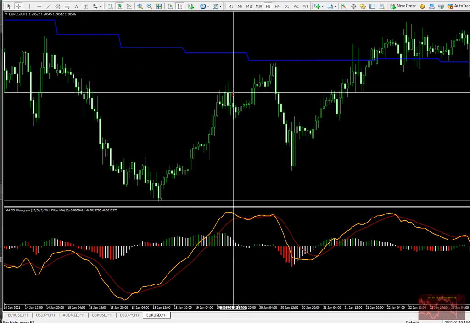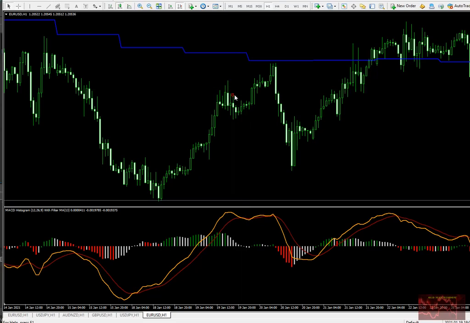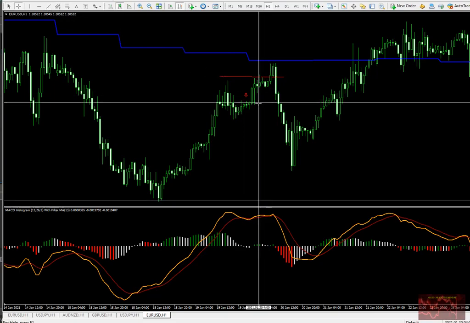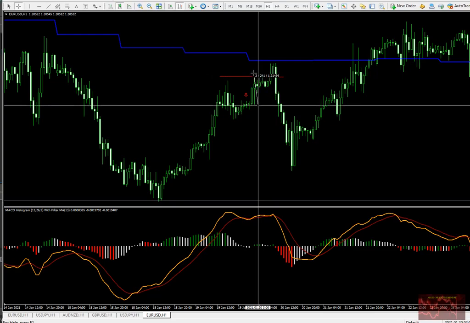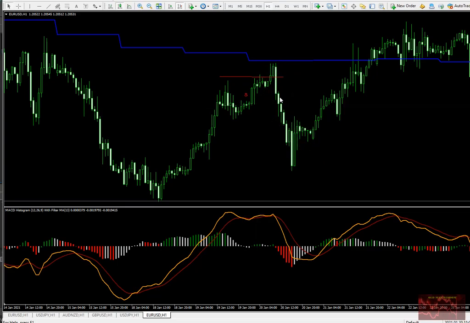Was it there? No. It was just there. That's where you would have sold. You'd have put your stop loss around there, and you can see what happens. You lose. You've lost about 25 pips, and then of course price turns around and you would have made it, but that's a small loss.